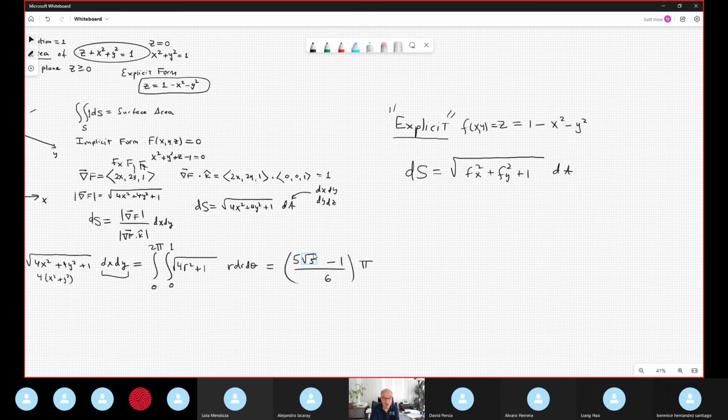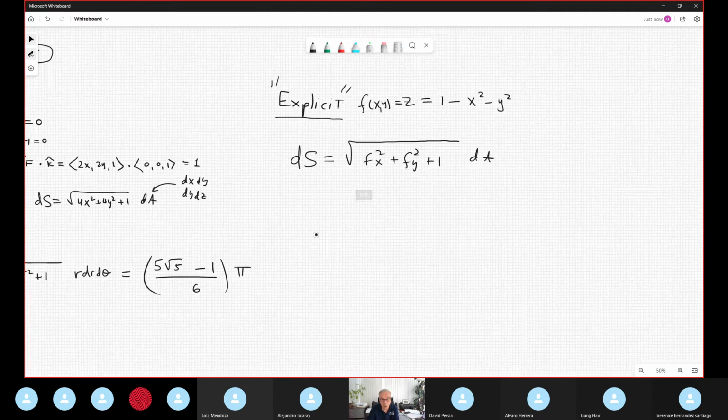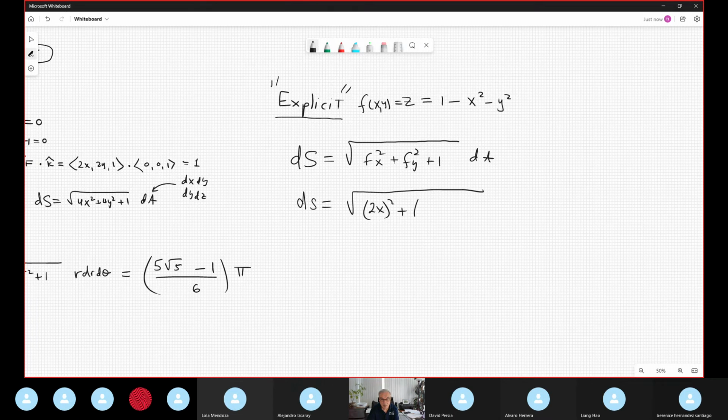In this format, no, we have lowercase f, which is the formula for the explicit. So the formula is super easy. Look, the partial derivative of this with respect to x is 2x, squared, plus the partial derivative with respect to y is 2y, squared, plus 1. And obviously dA is dx dy or dy dx.